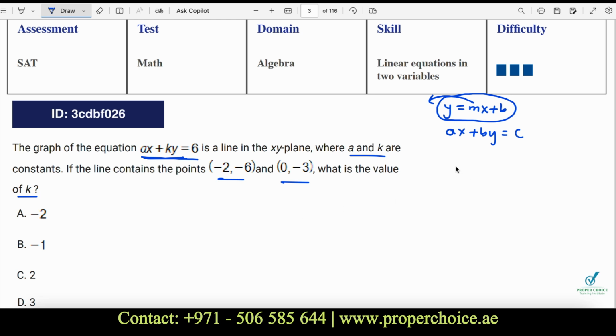The slope of the line becomes, so how do we find the slope? y2 minus y1 by x2 minus x1. If you take this coordinate as x1, y1, this becomes x2, y2.